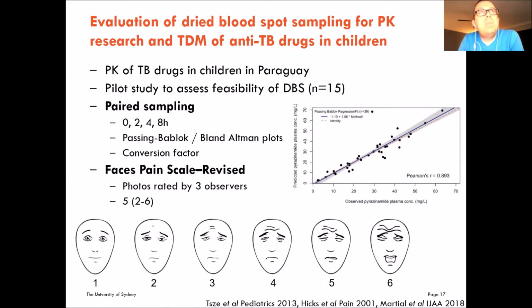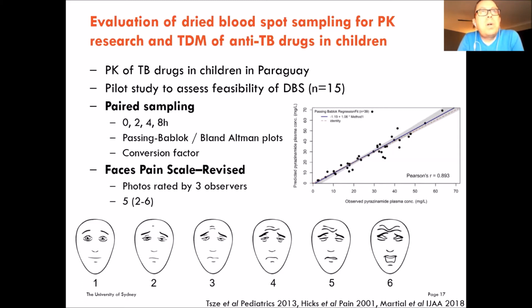We sampled these patients at 4 time points over 8 hours to assess total drug exposure during the day. And we also looked at the facial pain scale, and you can see the drawings of the faces at the bottom of this slide.